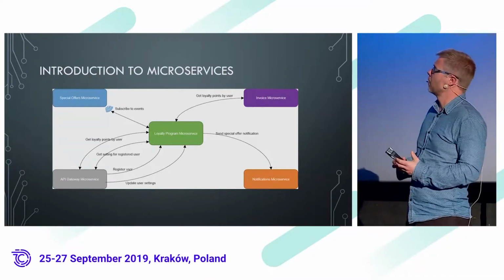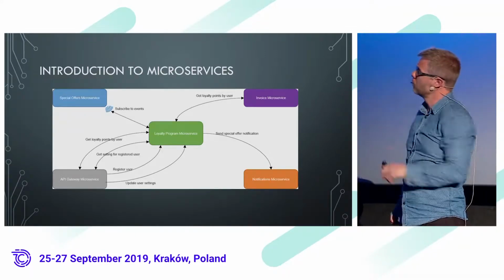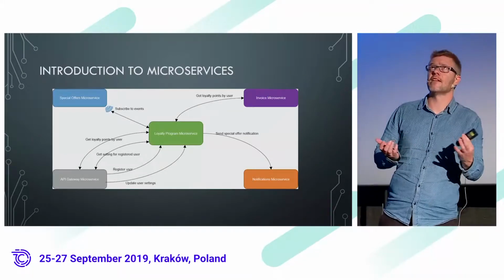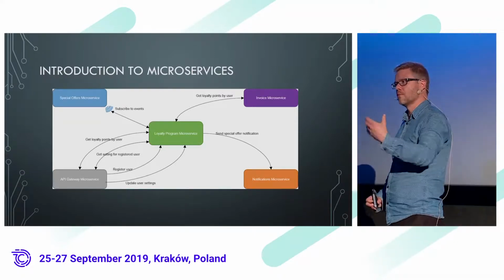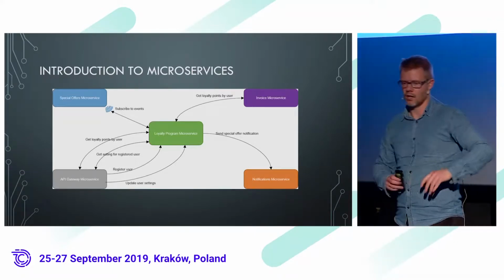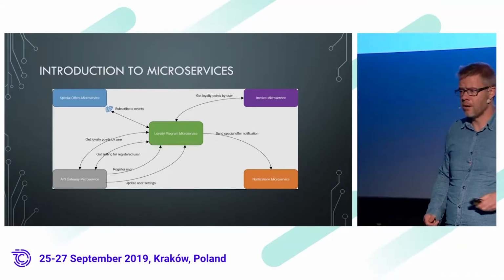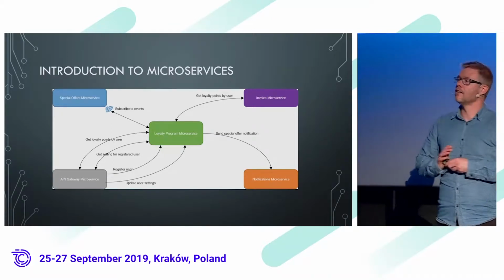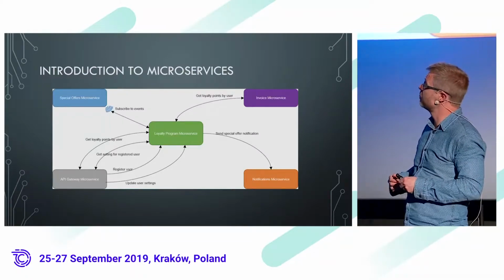There are some other bits around it that it collaborates with. So in the top left-hand corner, we have the blue box, the special offers microservice. That's probably something oriented towards business users. They can go in and say, on Sunday, there's three Mars bars for the price of two or whatever. And then there's an interaction between the loyalty program and the special offers.